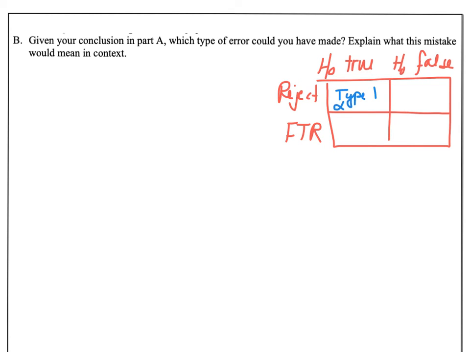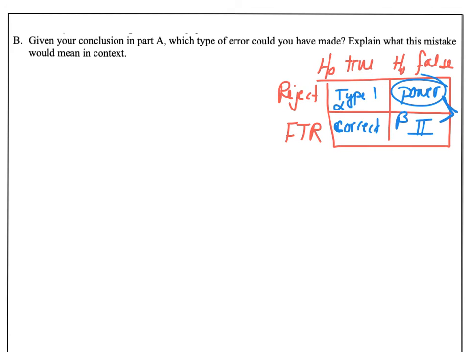Your type 2 error is this one down here. Remember, this is the power of the test. This is what you want to happen. And these two here, this is your beta, they add to 1. And this is just a correct decision down here. It's not necessarily what we want to happen, meaning it's not really what we're usually looking for.